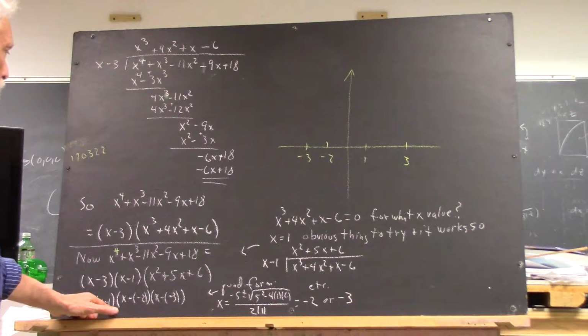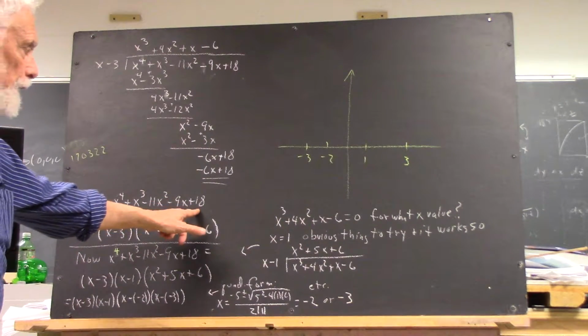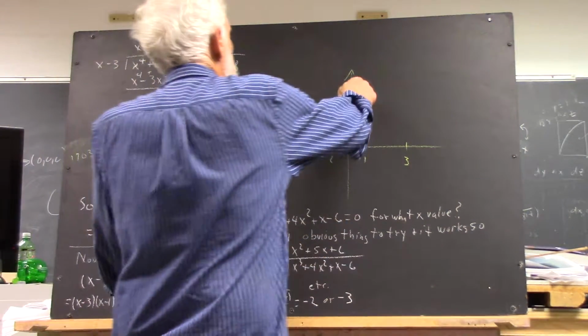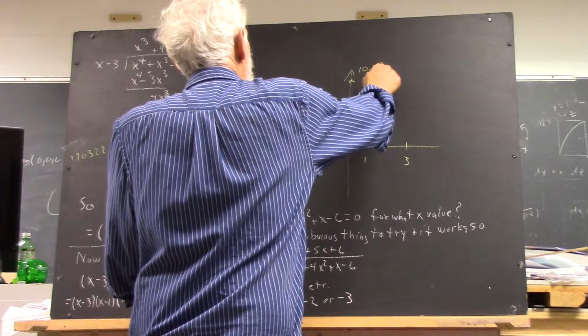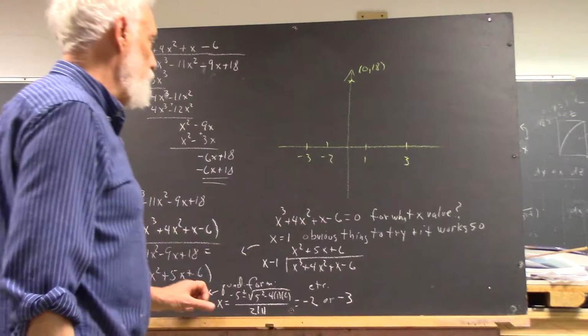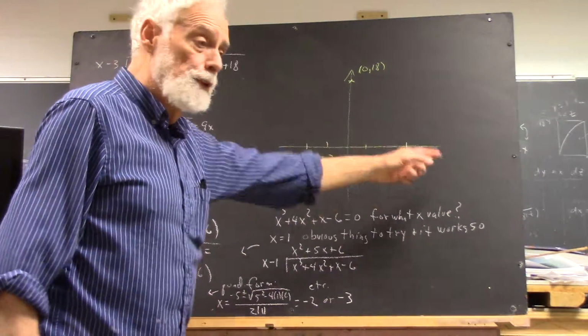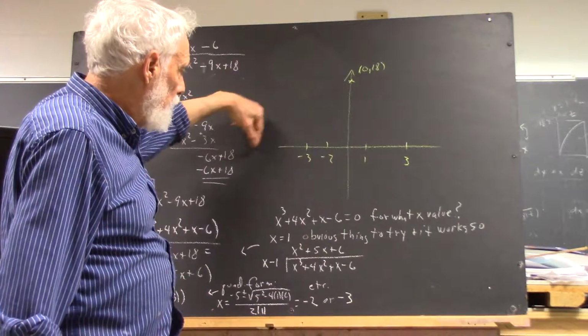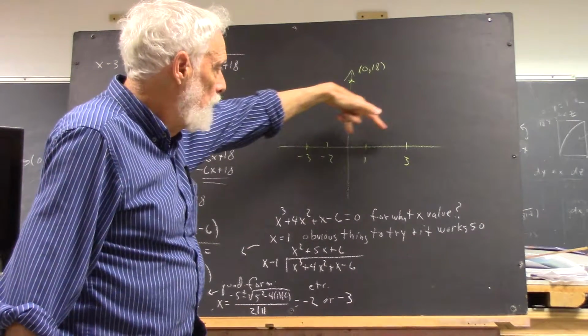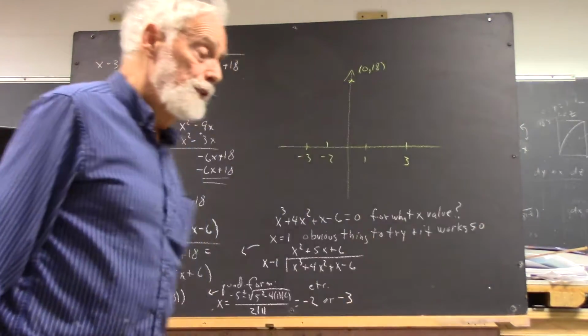Okay, if we plug 0 in for all this, we're going to get 18. So we know that the y-intercept is 0, 18. And we know that all these are zeros. And we know that now the x-axis is divided into 1, 2, 3, 4, 5 subintervals.